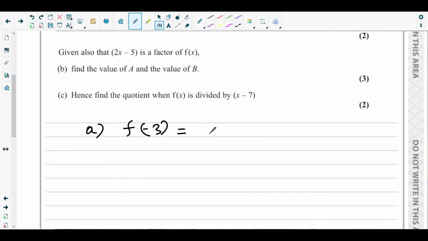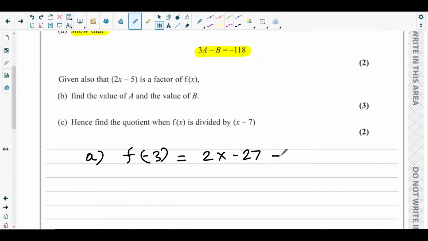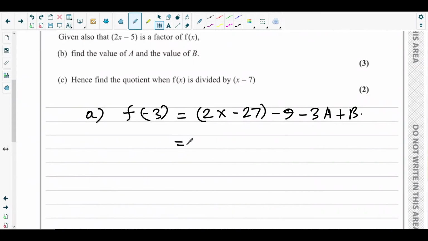We get 2 times negative 27, plus negative x squared, which is negative 9, plus ax, that is negative 3a, plus b. If you simplify it, negative 54 minus 9 gives you negative 63. So we have b minus 3a minus 63.